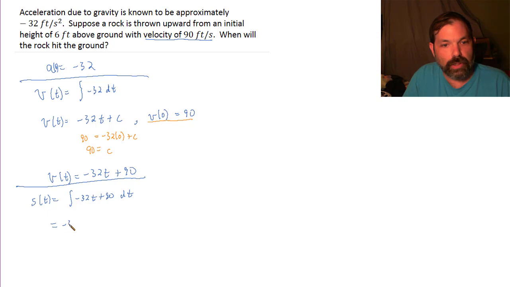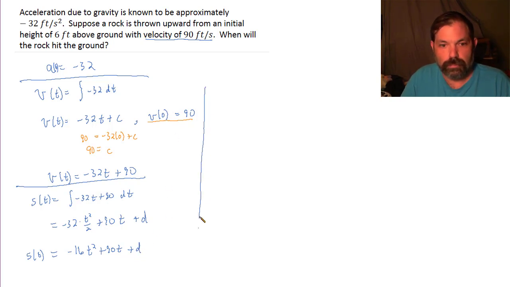So that would be negative 32 times t to the second over 2 plus 90t plus a constant. Let me use a different letter, d instead of c. So then my position function s of t is negative 16t squared plus 90t plus d. Now I know that the ball was thrown upward from an initial height of 6 feet. That means that the position at t equals 0 must have been 6.